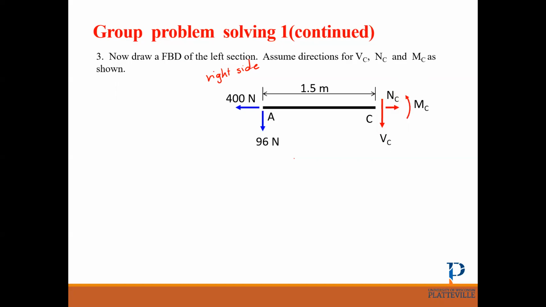Okay, so we want to find these forces. What is a good point to take the moment about? Yes, because a lot of unknowns pass through point C, the best point is point C.